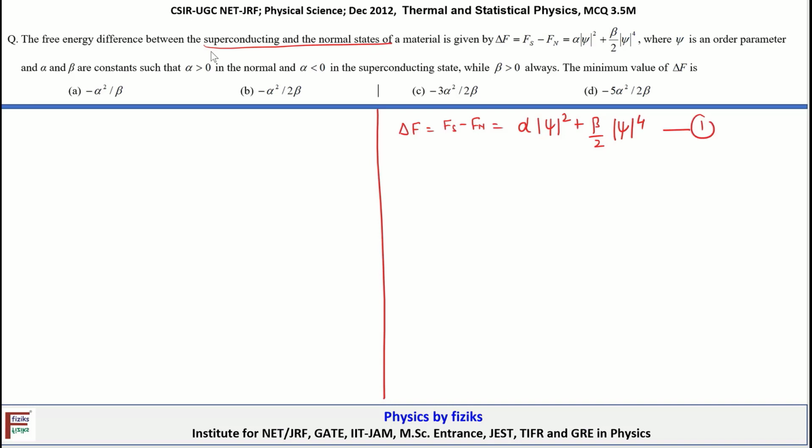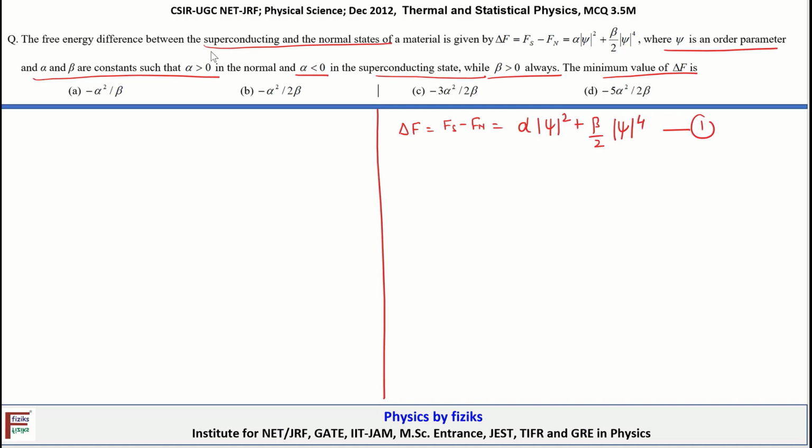Okay, where it's given that psi is an order parameter and alpha, beta are constants such that alpha is greater than 0 in the normal and alpha is less than 0 in the superconducting state, while beta is greater than 0 always. The minimum value of delta F.